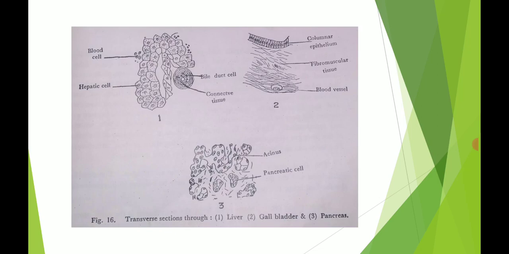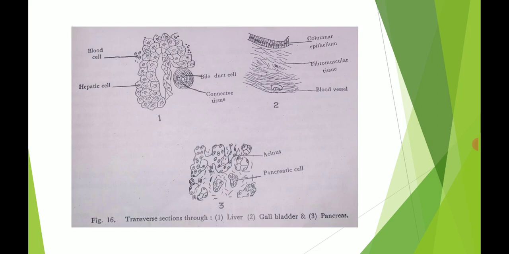The liver secretes bile juice. Here there are polygonal cells, the hepatic cells, and inside there are blood cells.